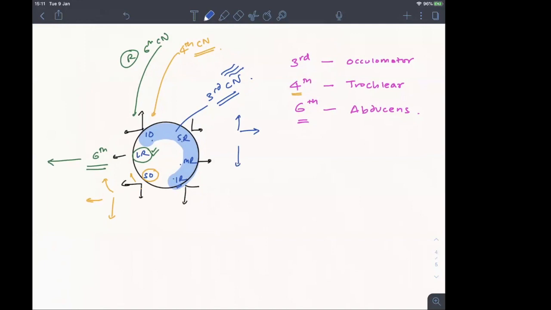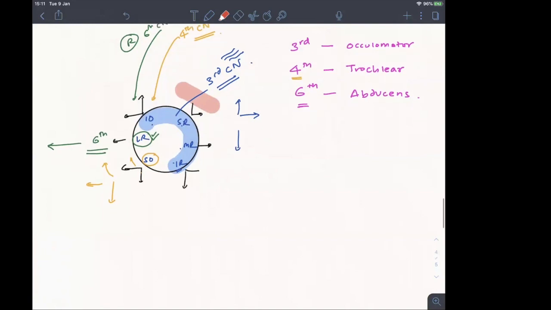Now imagine if there is something wrong in your third cranial nerve. So your third cranial nerve is cut off. What would happen? All the muscles that your third cranial nerve is supplying, all of them will stop acting. The only two muscles that will continue acting are your lateral rectus and your superior oblique.